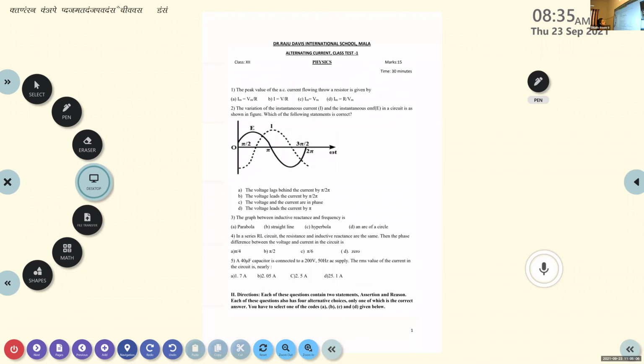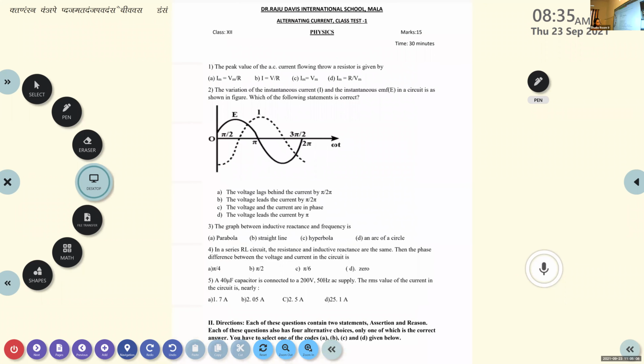So the first question, the peak value of alternating current flowing through a resistor is given by Im is equal to Vm by R. I is equal to V by R, so Im is equal to Vm by R, which is the right answer. Peak value of alternating current means the maximum value of current that is flowing through a resistor when it is connected to an AC voltage source.